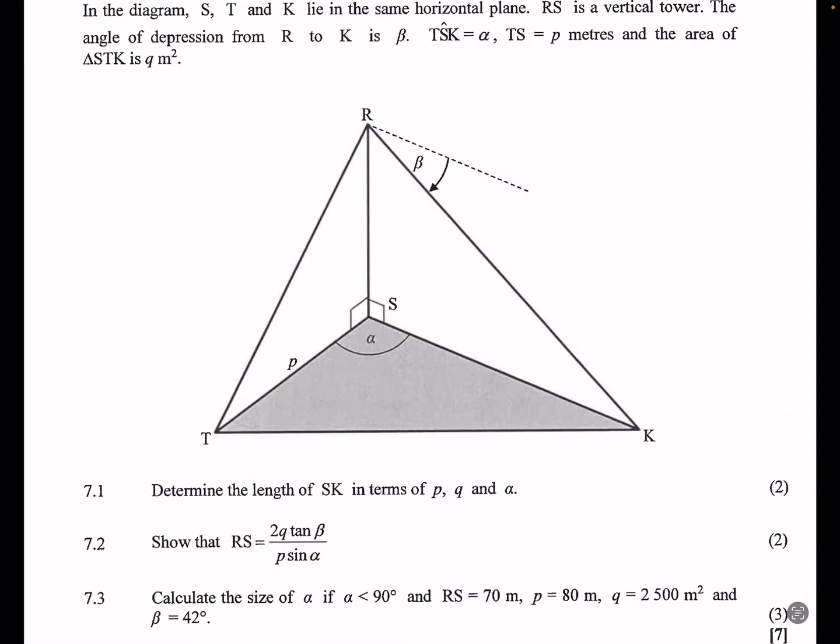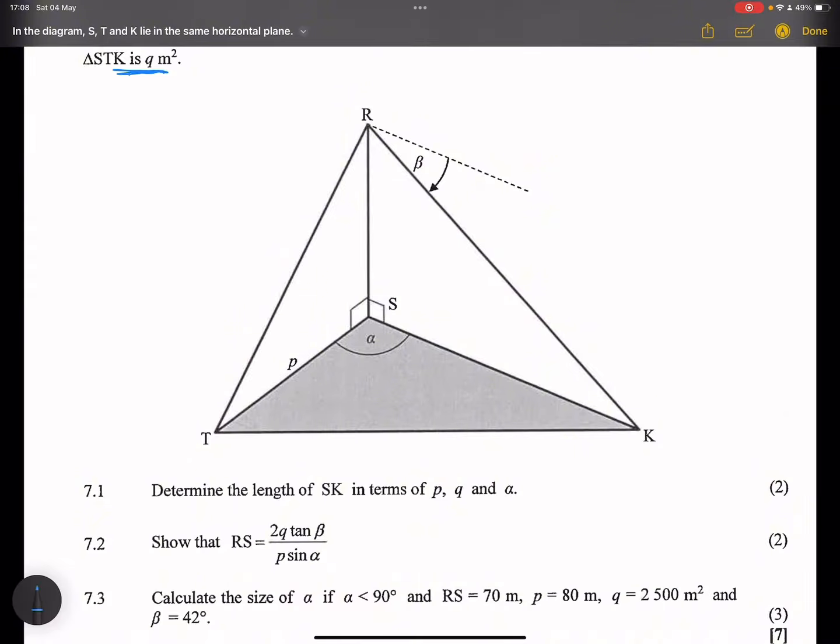We're given the area of triangle STK, which is Q. It's that triangle over there. Anytime you are looking for area, you're going to take two sides and an included angle. The two sides in between the given angle are ST as well as SK. So I'm going to use the area rule with those two sides.